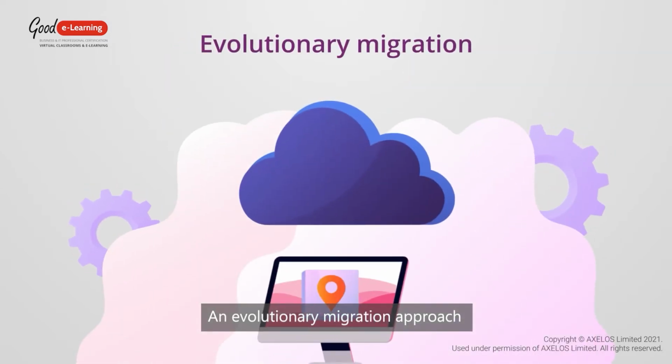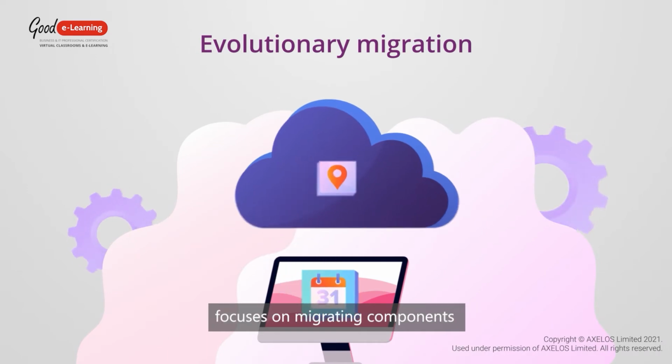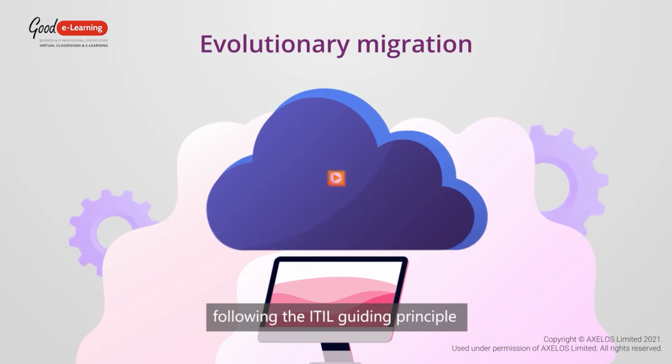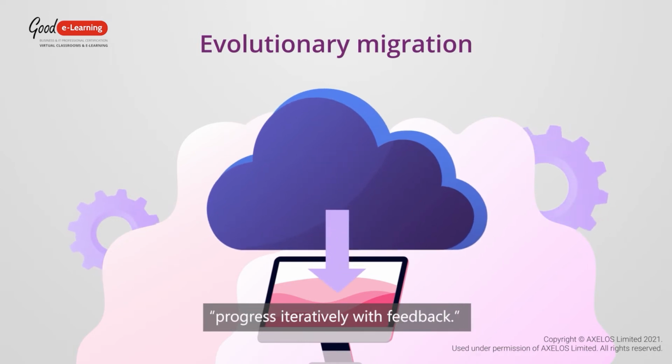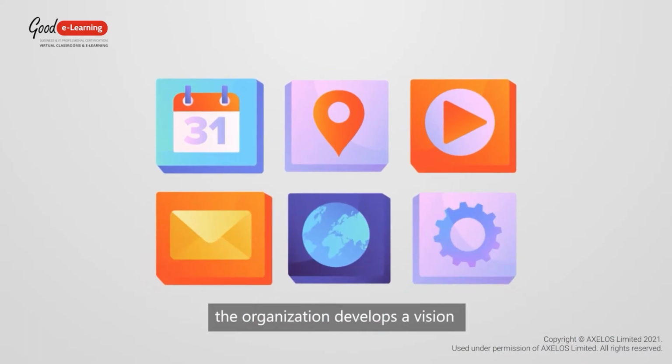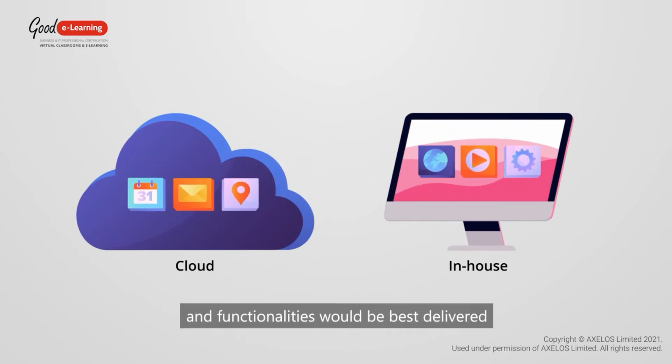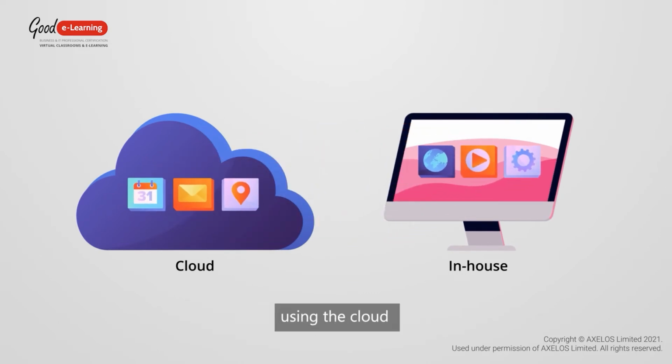An evolutionary migration approach focuses on migrating components of the operating model to the cloud over time, following the ITIL guiding principle, progress iteratively with feedback. Prior to the migration, the organization develops a vision for using cloud services and identifies which systems, services, processes, and functionalities will be best delivered using the cloud and which should be kept in-house.